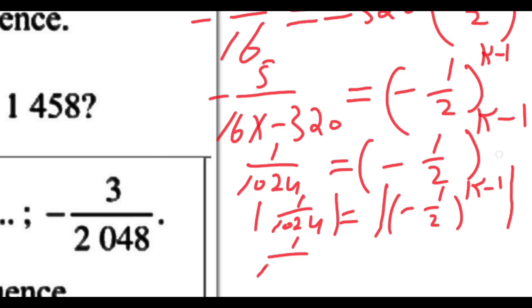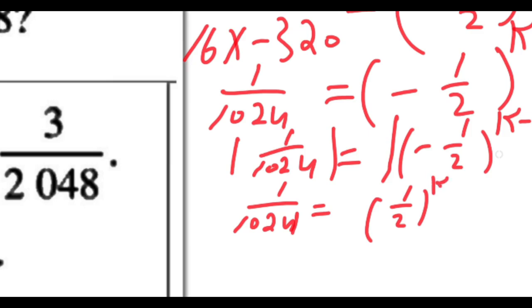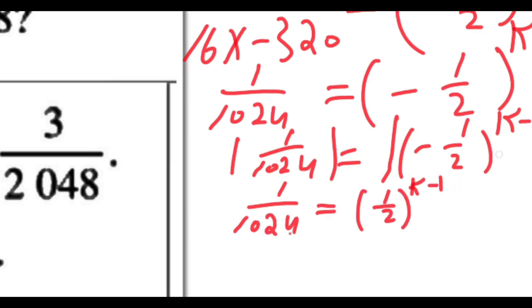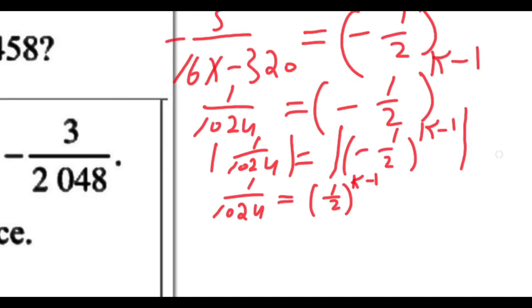So 1 over 1024 is equal to, this is positive, it's going to stay positive, so this becomes 1 over 2 to the power k minus 1. Absolute value removes the negative sign from a number, so the number becomes positive.